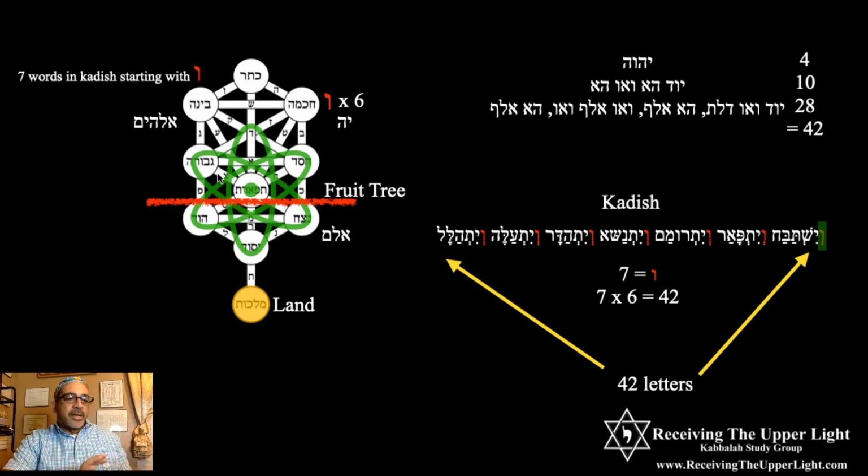So this is the state of Gadlut of Zeir Anpin, basically. And when are they seen? When the rainbow is seen in the sky, because when the rainbow, which is Zeir Anpin, is seen, then they appear.